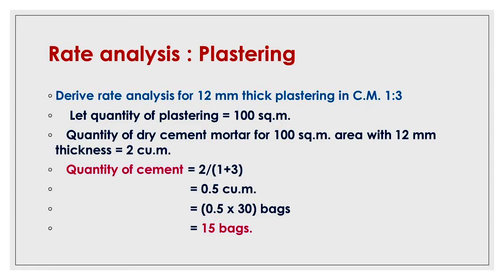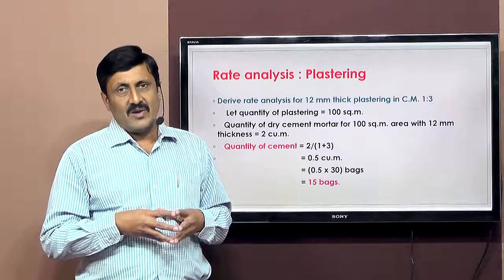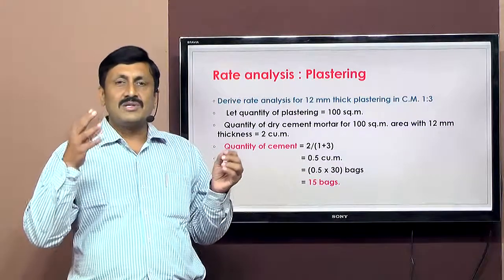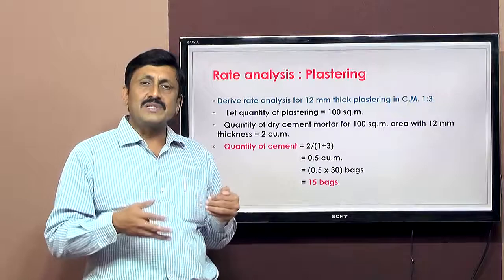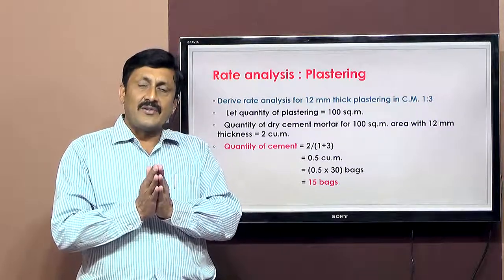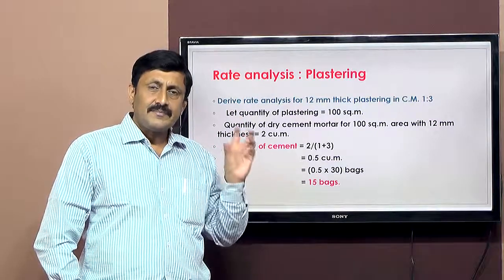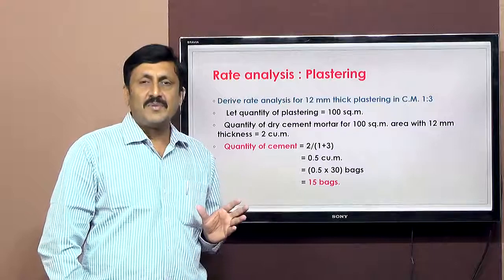Now 2 meter cube will be divided into 4 equal parts. Why 4 equal parts? Because one part of cement is mixed with 3 parts of sand. So total parts are 4, out of which one part will be occupied by cement and 3 parts will be of sand.